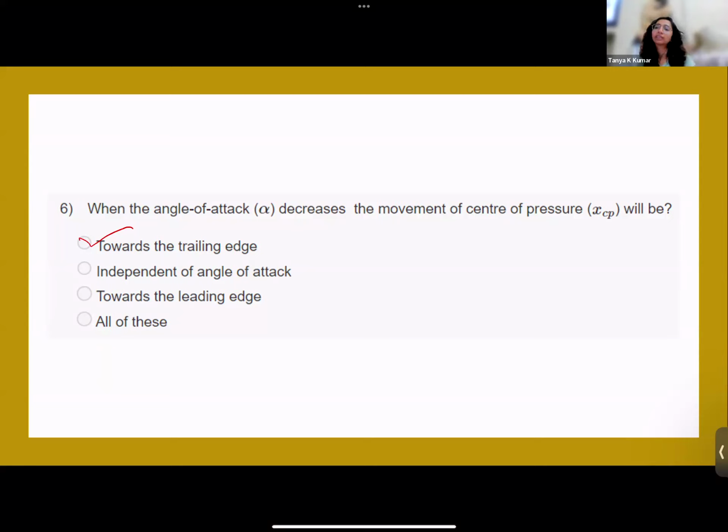Because it's the center of pressure, it has to be something to do with pressure distribution. So you use that to come up with the reason for this answer.